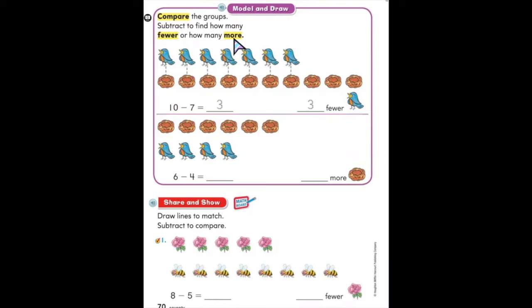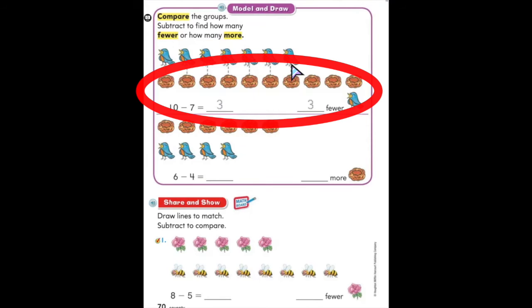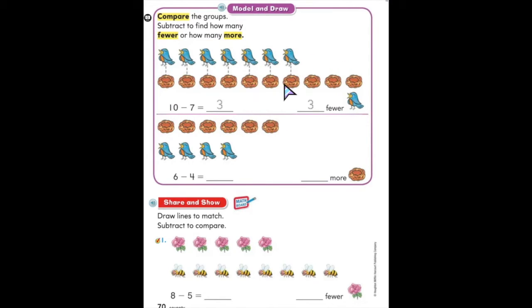What do we need to find out for this first problem? We need to find out how many fewer birds there are than nests. Let's go ahead and count how many birds there are.